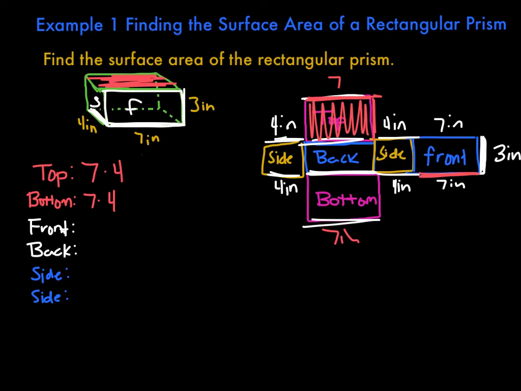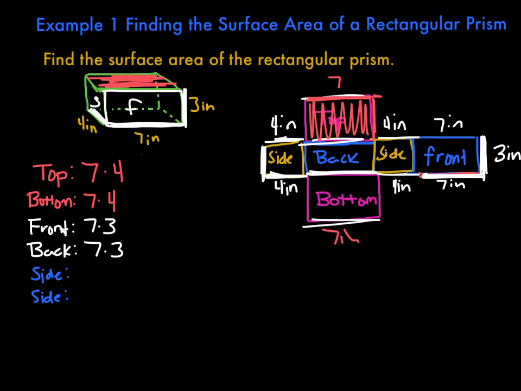Now let's look at our front. So our front is over here, and we've got this amount times this amount. So we have 7 times 3. You can see it right here is by 7, and up here my height is 3, so 7 times 3. My front is going to be identical to my back, so we just copy it down again. My sides, now I have this amount here, but I also have this side.